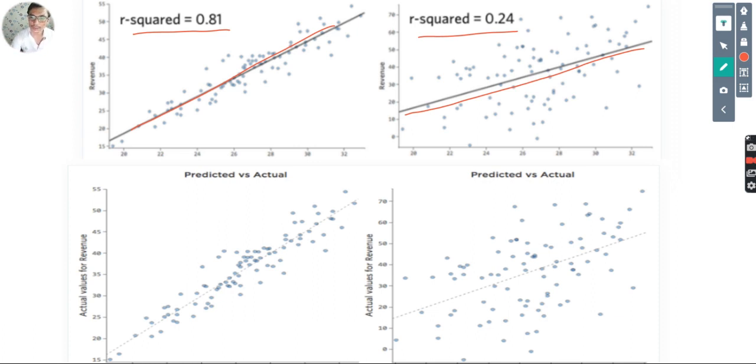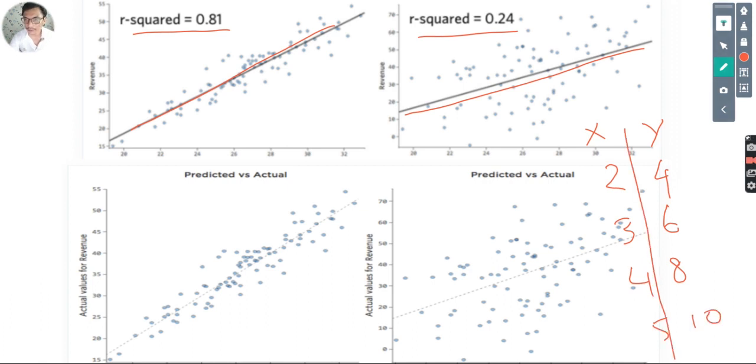Say for example, you have deduced your model from data 2, 4, 3, 6, 4, 8, 5, 10, like this. From here, x and y, as I told you, we have calculated a and b, and we get a model y equals a plus bx.